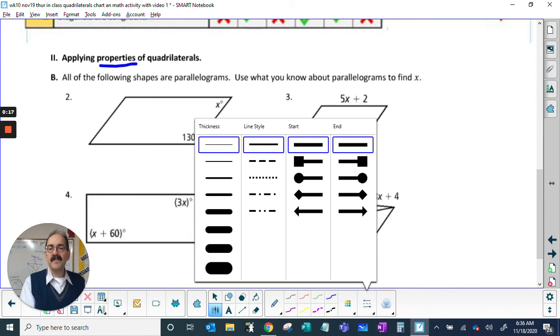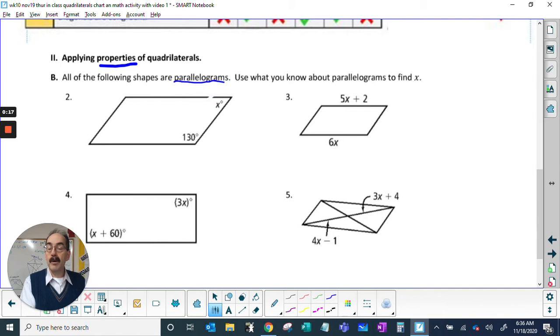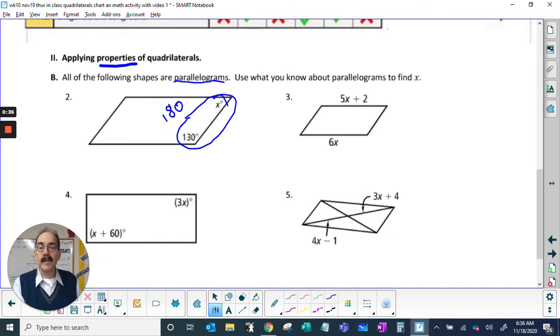Okay, this first shape is a parallelogram. In a parallelogram, we know that all the consecutive angles add to 180. Well, if that adds to 180, then this has to be 50 degrees, right? 180 equals 130 plus x.